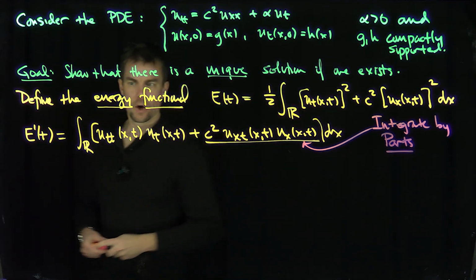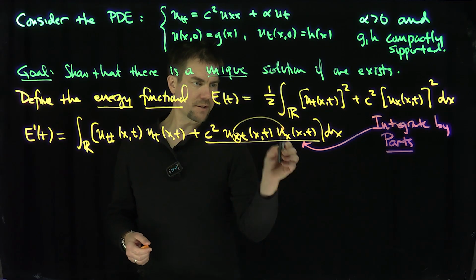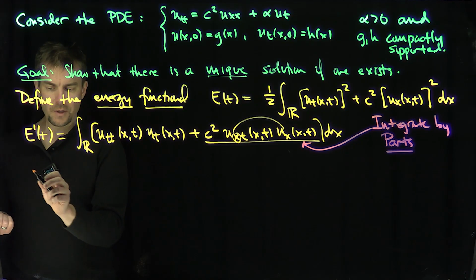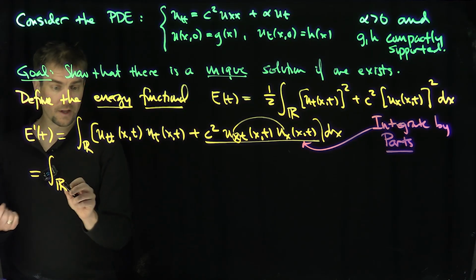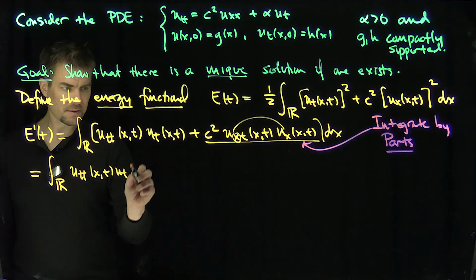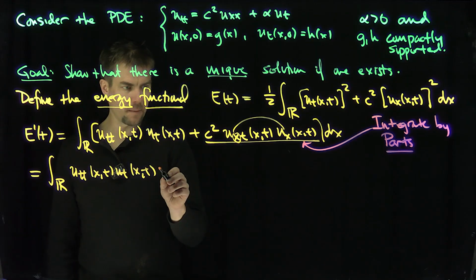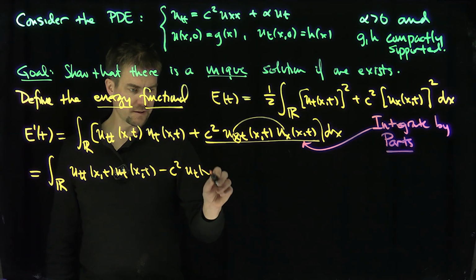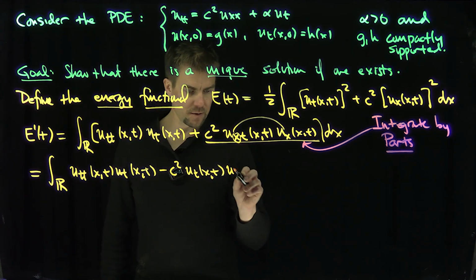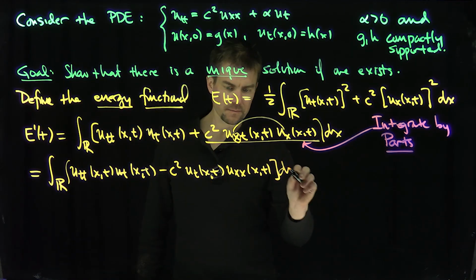If we do so, we take this x derivative and pass it over, and since by the compact support assumption the boundary terms go to 0, this is the integral over R of u_tt(x,t) u_t(x,t) minus c squared u_t(x,t) u_xx(x,t) dx.